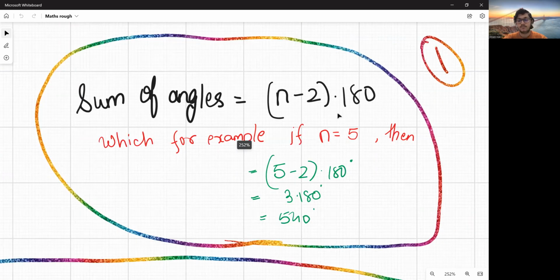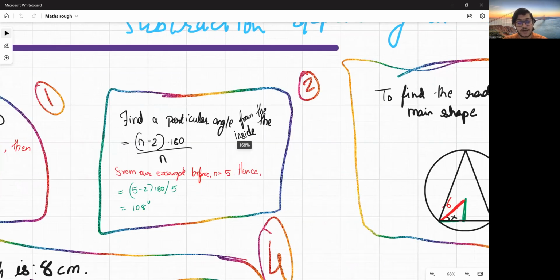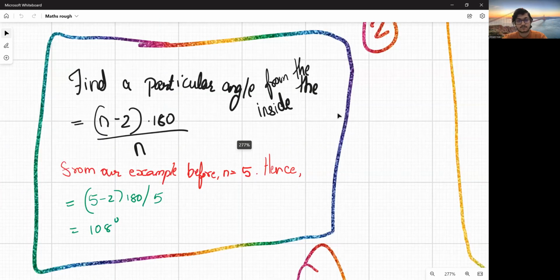So that's step one. Then later on, we go to step two, which is finding a particular angle from the inside of the polygon. We can go for either the pentagon or triangle. Here on the whiteboard, I've gone for the pentagon, and it's 5 minus 2 times 180, but what I'm going to do is divide it by n, which is the number of sides the polygon has.